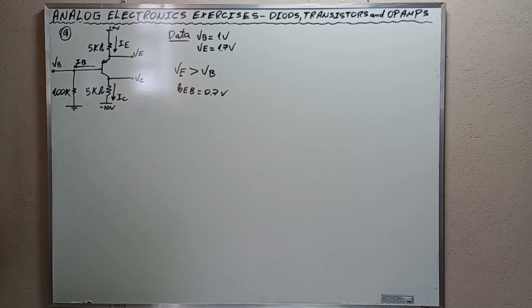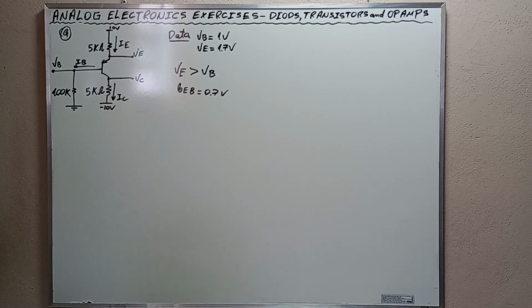Okay, we are going to suppose active mode of operation. It is an assumption. If it holds true, then our calculation is right. If there is any inconsistency in the active mode of operation, we are going to need to suppose saturation.